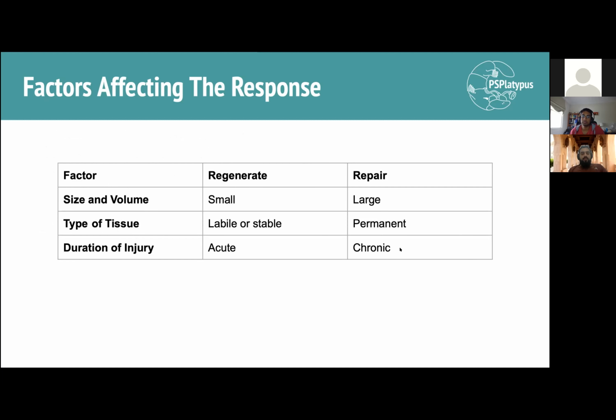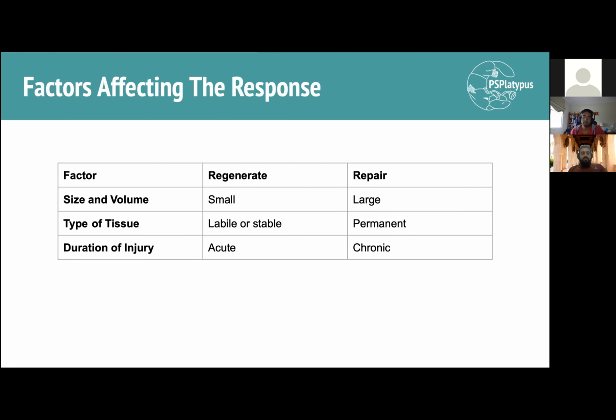And this table here shows how these factors affect the response to this injury. So if the size and volume was small and the tissue was labile or stable and the duration was considered to be acute, then the response will be regenerating the cells or adaptation.